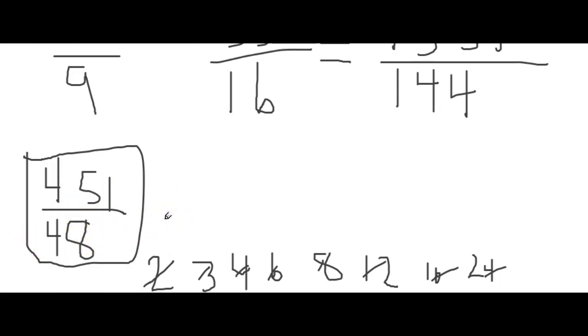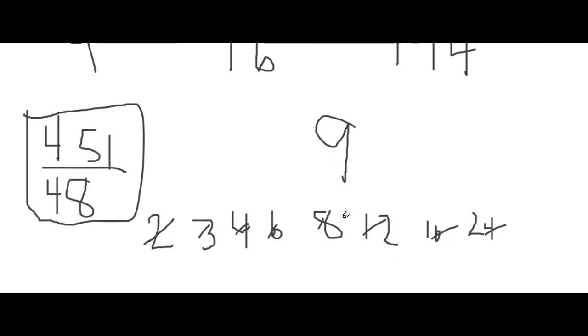I don't mind you using a calculator for this math. So what I did is I divided 451 by 48 to find out what's the nearest whole number. And I got 9. Okay, so now I have 9 times 48. And what that gives me is 432.